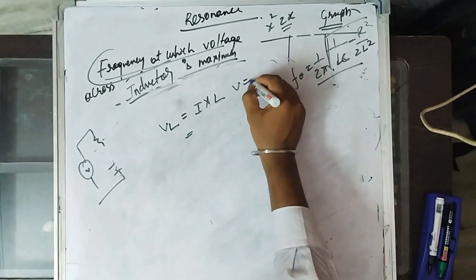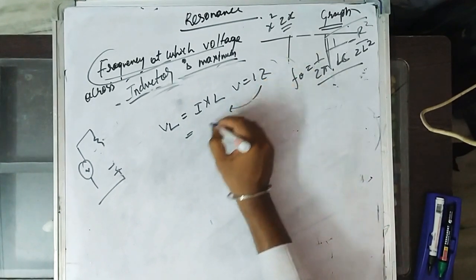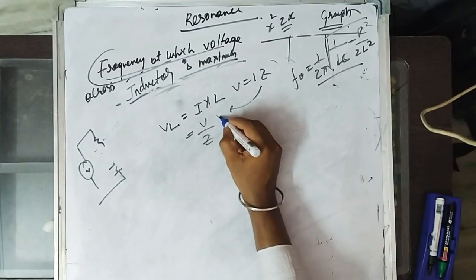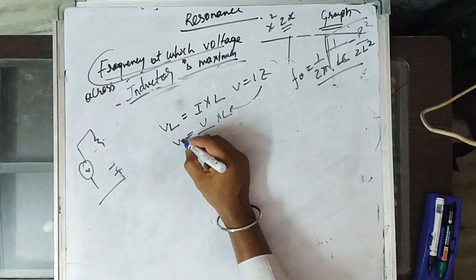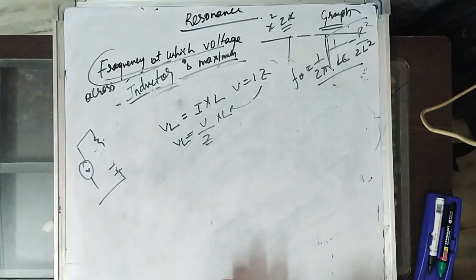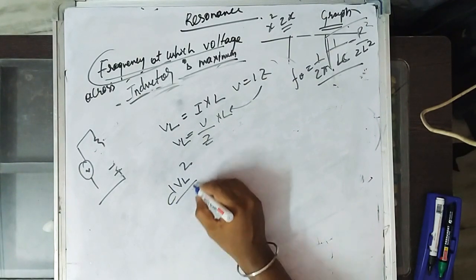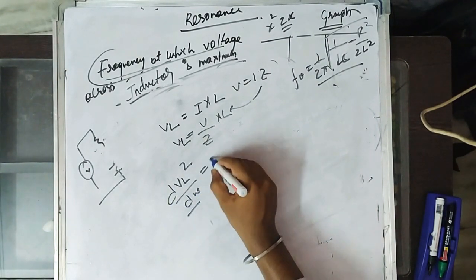By Ohm's law, V equals IZ, so substitute this here: V by Z into XL. The same way we did for VC, we differentiate VL square with respect to omega and equate to 0.